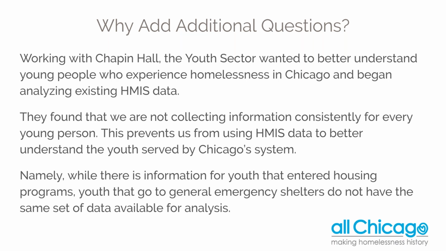So the reason that we're doing this is because it becomes hard to track how youth are using the system across the system. They could only really get a better picture of those clients that had engaged with youth projects. But as we know, not every youth engages with youth projects. They may be engaging with PGM or Franciscan, some shelters that are there for the general community, but not specifically for youth, and thus they don't have those specific youth questions.